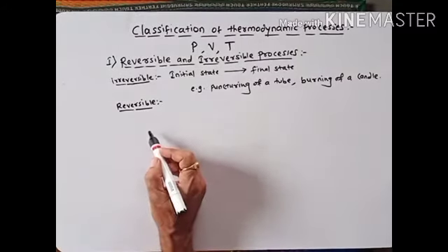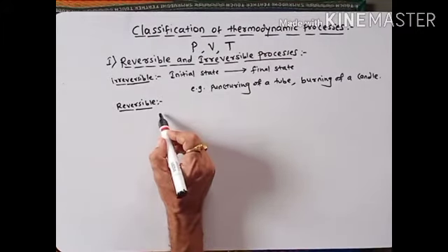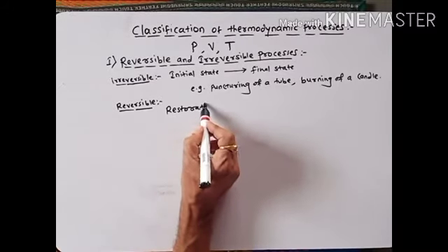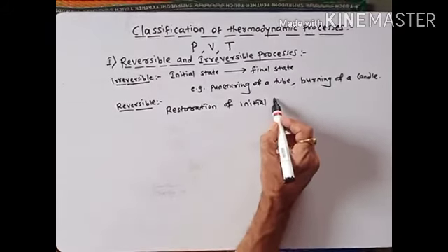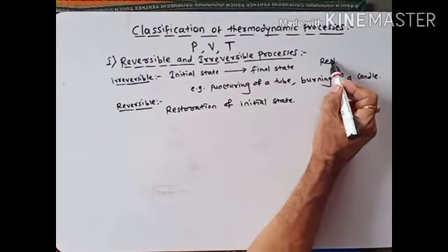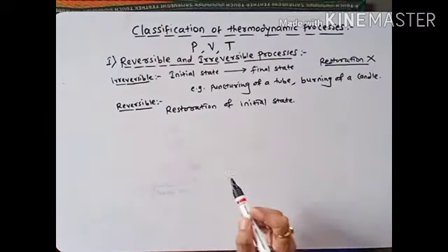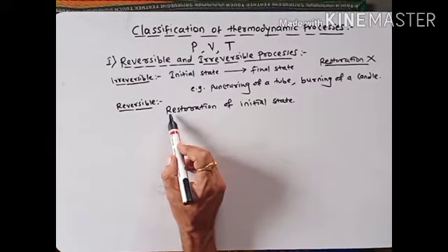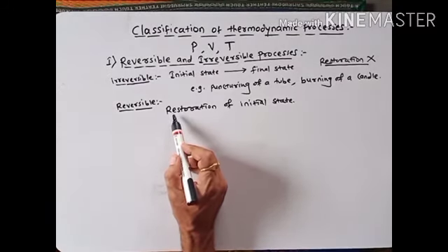process. The process in which there is restoration of the initial state of the system. Restoration is not possible in case of an irreversible process, but in case of a reversible process there is a restoration of the initial state.